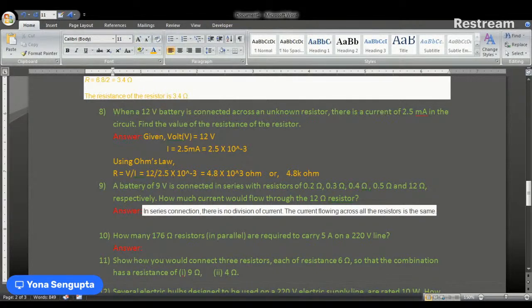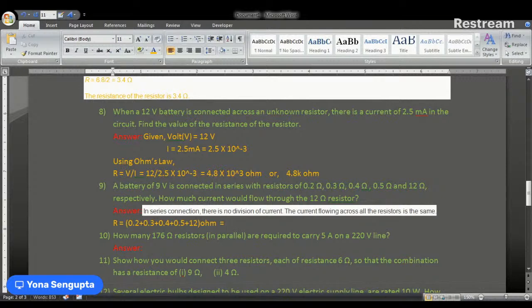Okay, so first what we have to do is find out the equivalent resistance, which is R equals 0.2 plus 0.3 plus 0.4 plus 0.5 plus 12 ohm.